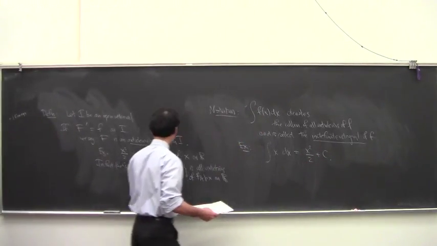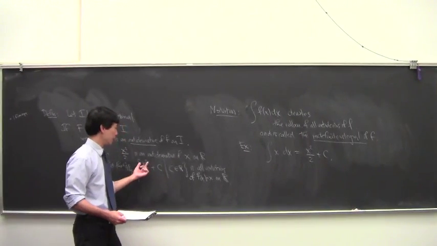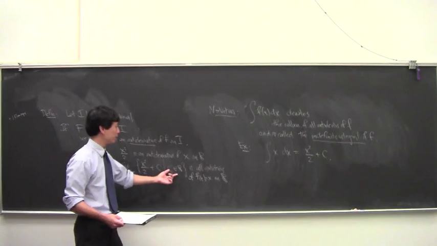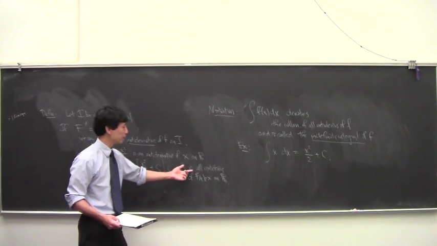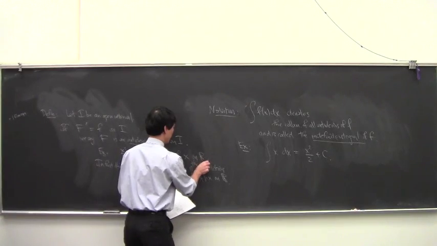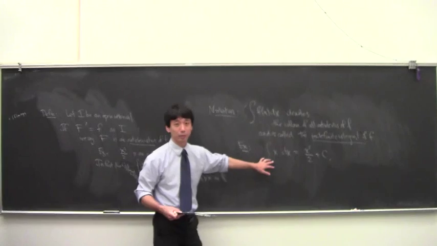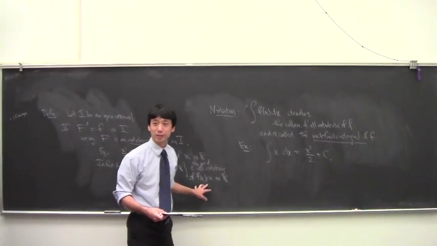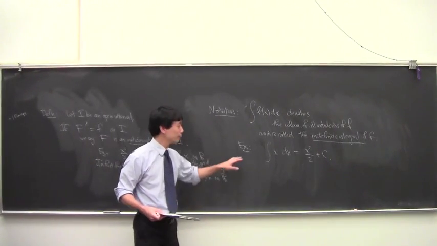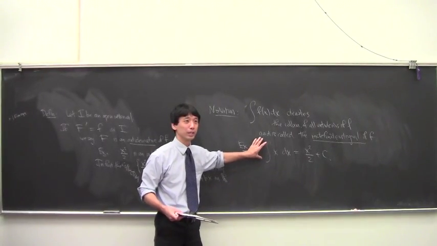That's instead of writing that the collection of x squared over 2 plus c, where c can be any constant, is the set of all antiderivatives of this function. So it's just a faster way of writing this. Is everyone okay with this? Okay, so this thing is called the indefinite integral.